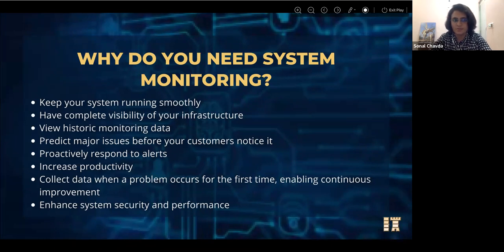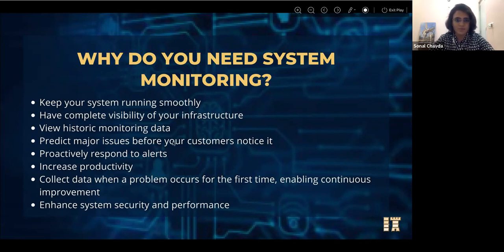That is not just in real time, but you also want historic monitoring data, because from the history of the data, one is able to take decisions about improving or balancing the infrastructure.